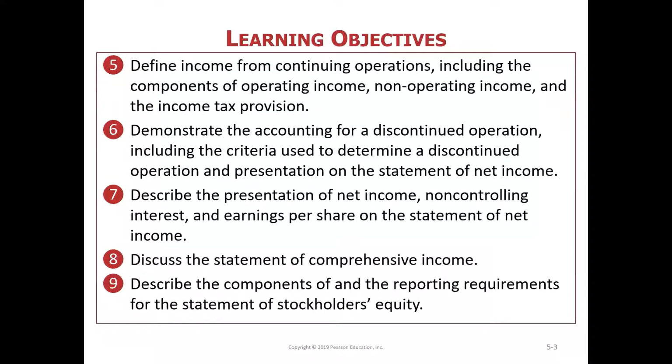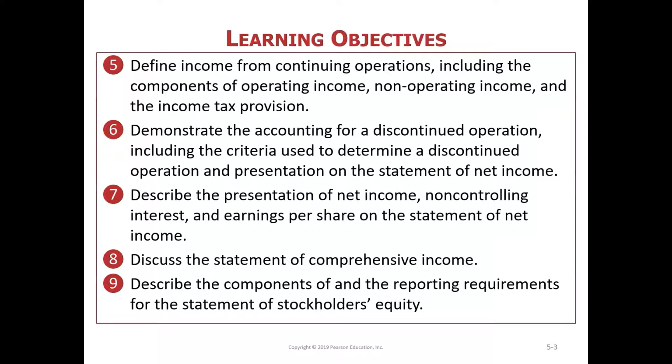5, define income from continuing operations, including the components of operating income, non-operating income, and income tax provision. 6, demonstrate the accounting for a discontinued operation, including the criteria used to determine a discontinued operation and presentation on the statement of net income. 7, describe the presentation of net income, non-controlling interest, and earnings per share on the statement of net income. 8, discuss the statement of comprehensive income.